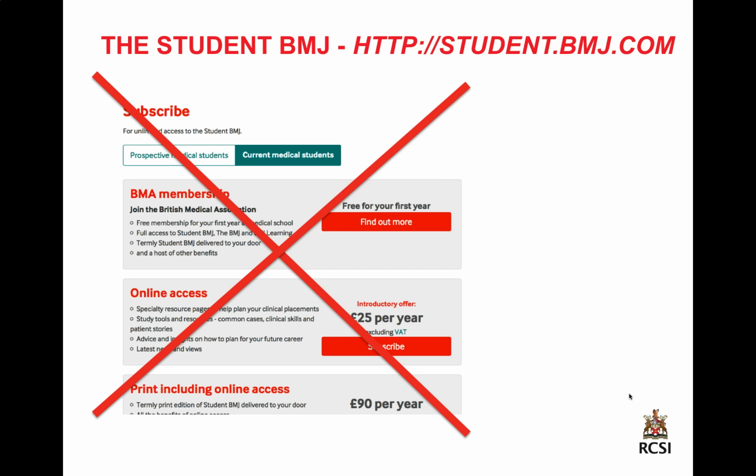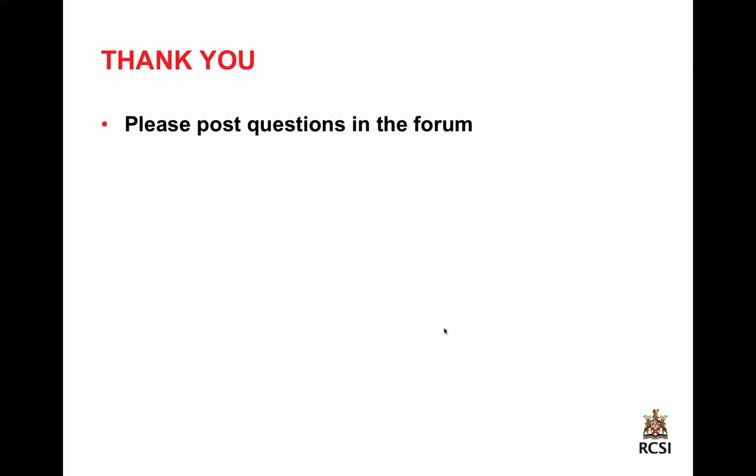Now, just as a word of warning, you can subscribe to the BMJ. We're not asking you to do that, although it's free for the first year. Just be careful. They're looking for £25 sterling per year. I am not asking you to do this, just merely to visit the website and become familiar with it. So please don't take out any subscriptions based on this lecture, but do take a look at the website.